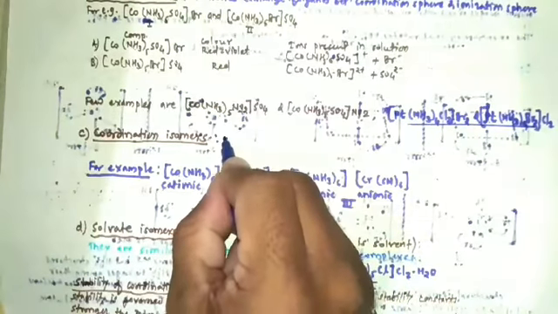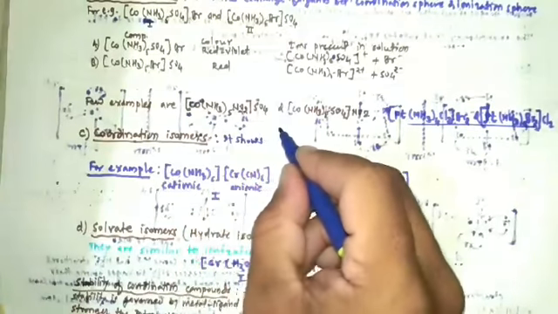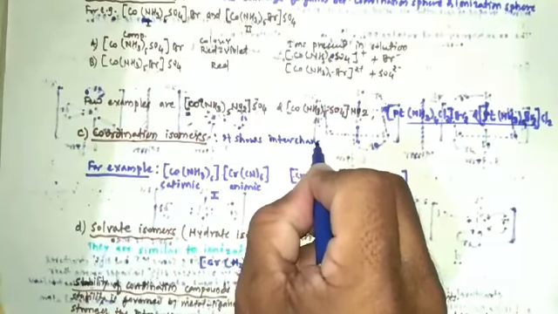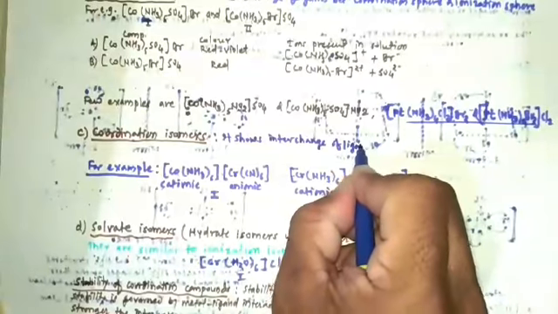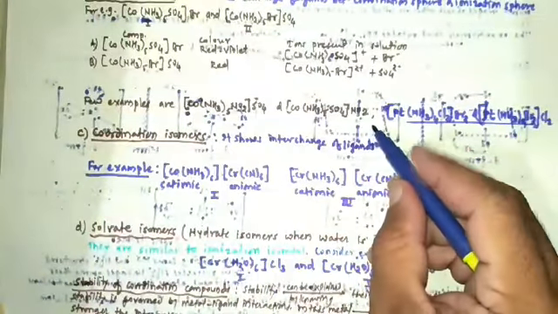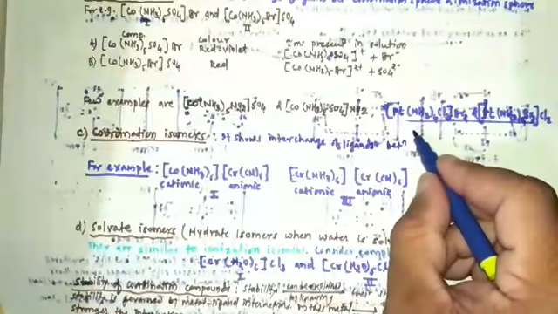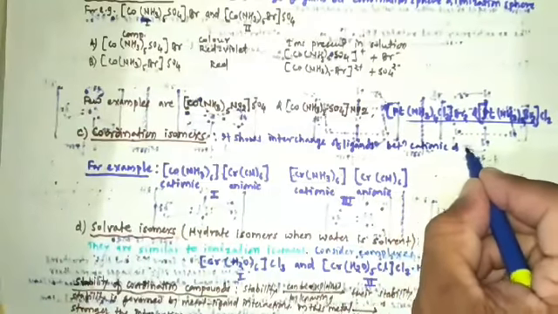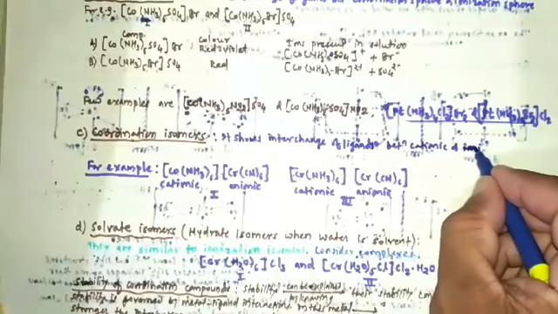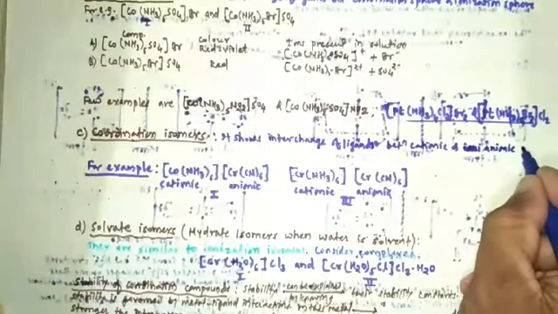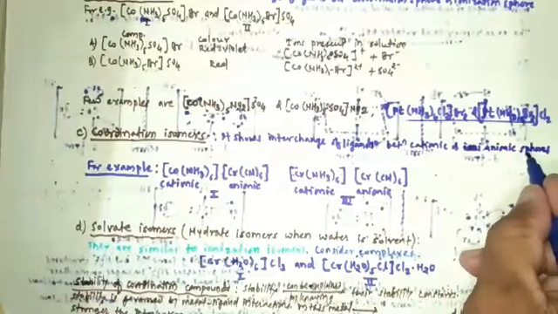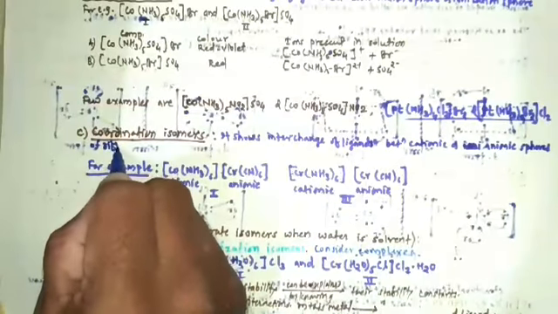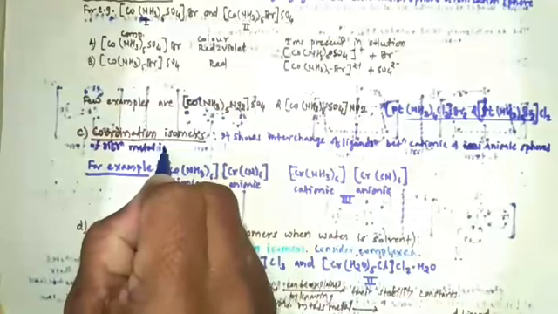So it shows interchange of ligands between cationic and anionic pairs of different metal ions.